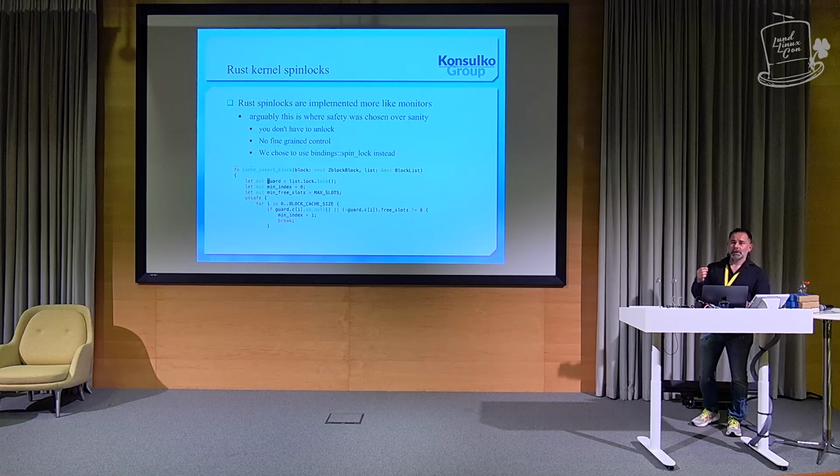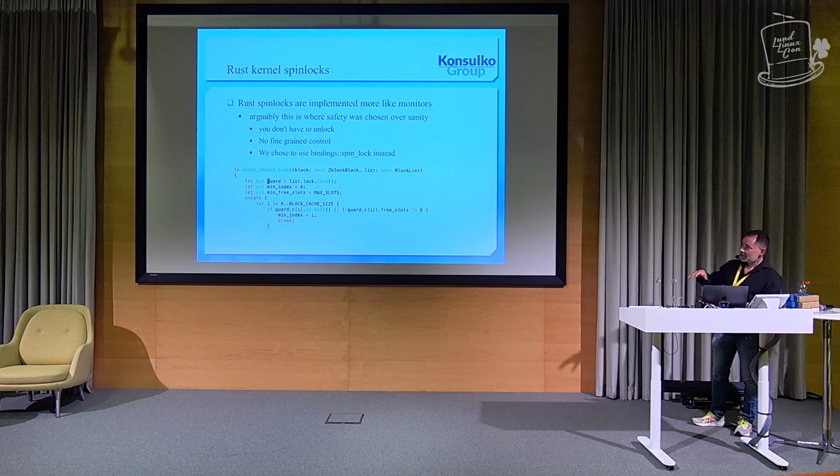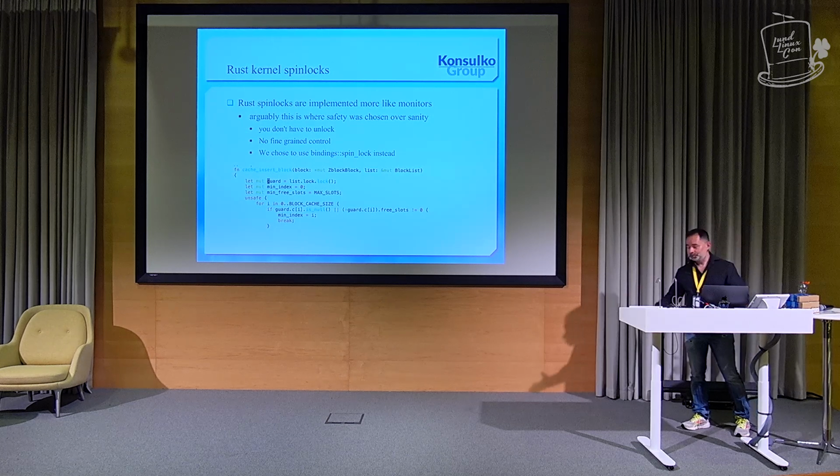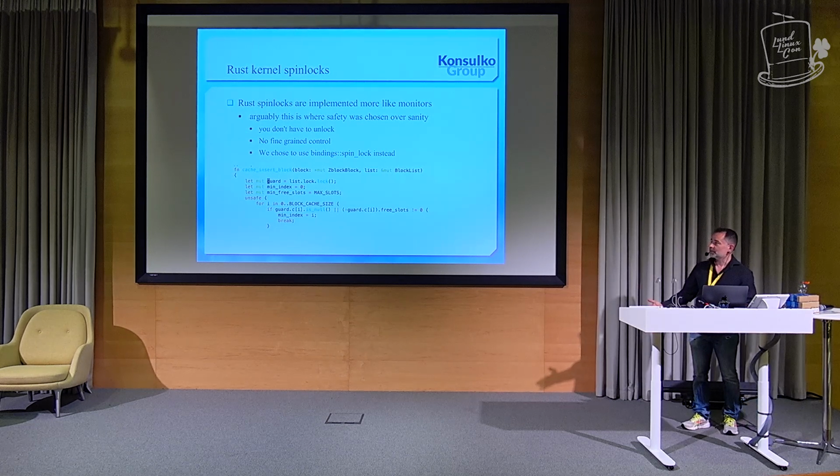We want to have some more fine-grained spin locking and unlocking, and this wasn't possible except for using the C spin lock directly via bindings, which is in turn unsafe, but it does increase the performance.